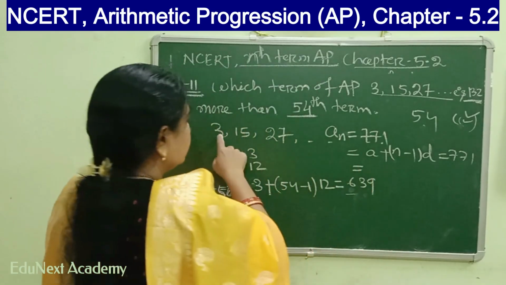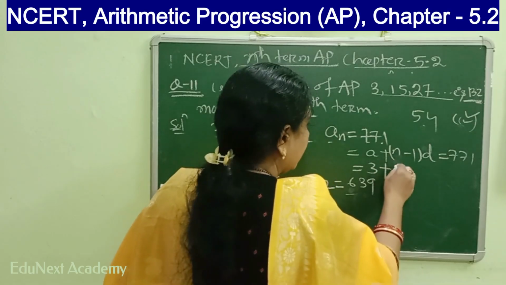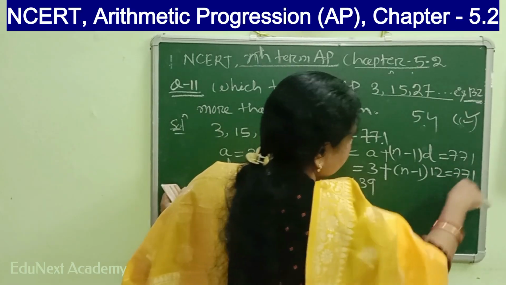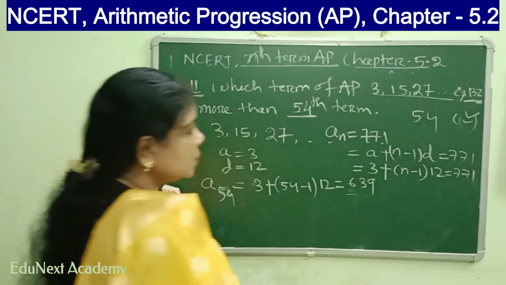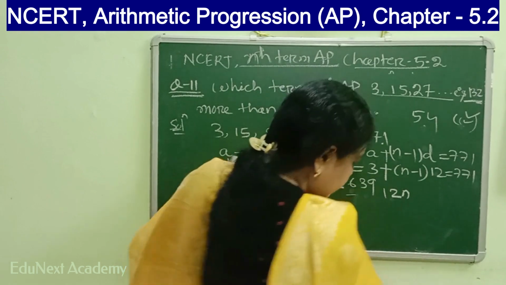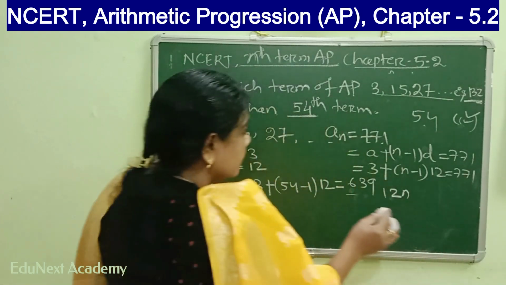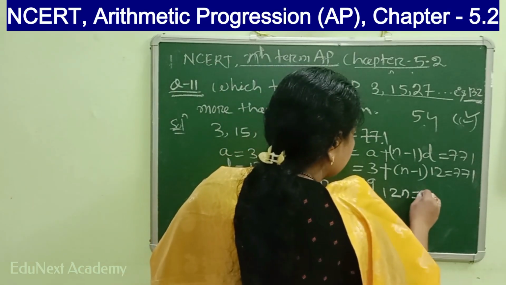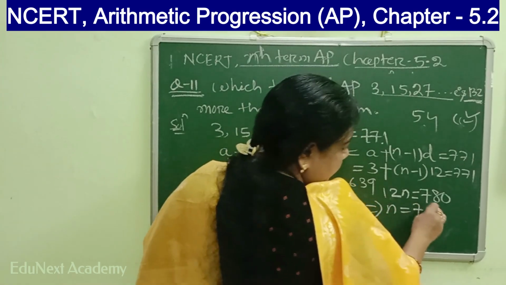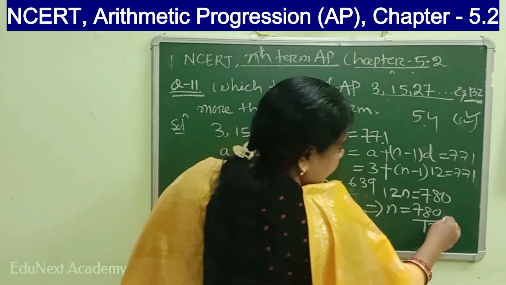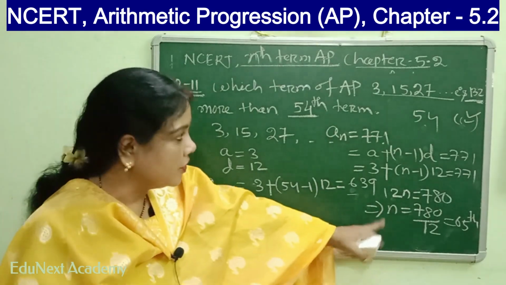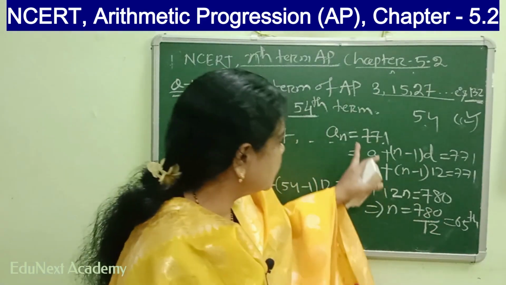So here a is 3 plus n minus 1, n I don't know, I have to find out, d is 12, that is 771. After solving, I got 12n, after solving 12n, I got 780. This implies n is equal to 780 divided by 12. That is 65.